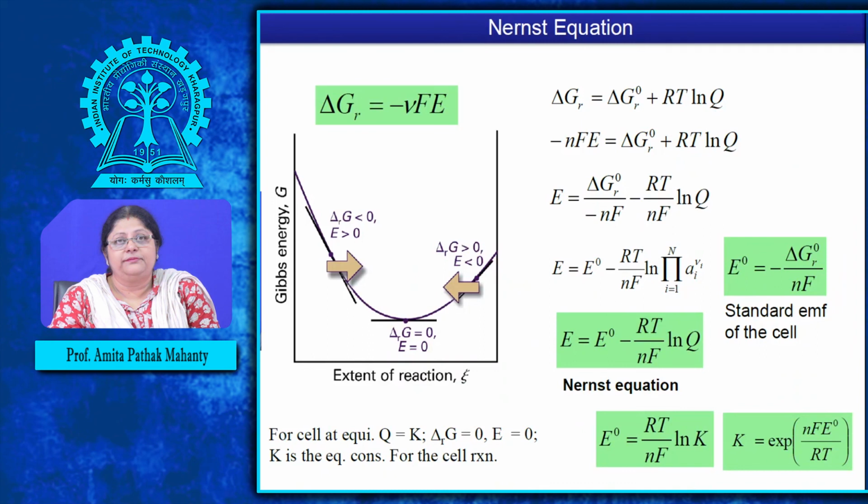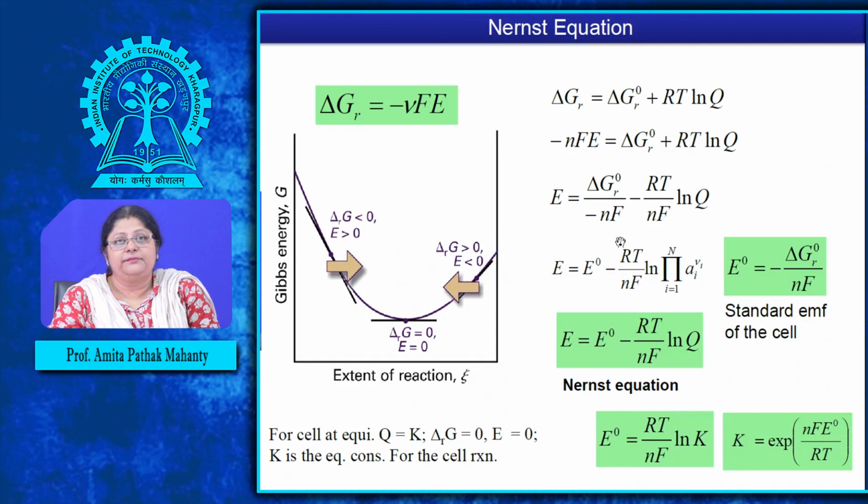So it is a manifestation of the delta G naught. The standard EMF of a cell is not coming from the cell itself, but it is actually a measure of the standard delta G of the reaction of that particular set of reactions which we are dealing with, divided by n and F.